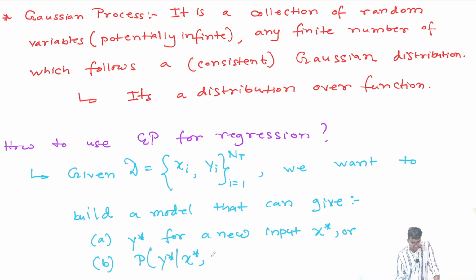Distribution of Y star given X star and X and Y. So that is known as a predictive distribution. So the name is predictive distribution or posterior predictive. Probability of Y star given X star comma X comma Y.